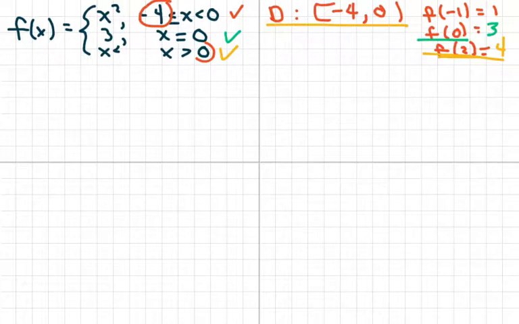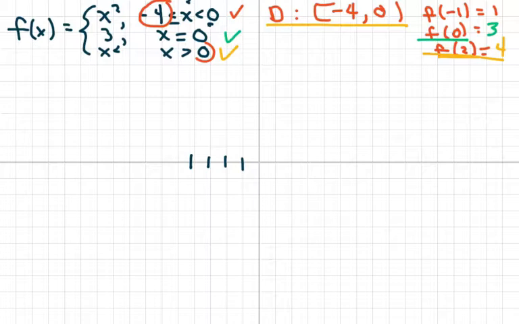So I'm going to go all the way from -4 to 0. Oh, I'm not going to have room here. So -4 goes to 16. So 16's way up here, and I didn't leave room there, so I'll just put it up there somewhere. -3 goes to 9, which is about here.